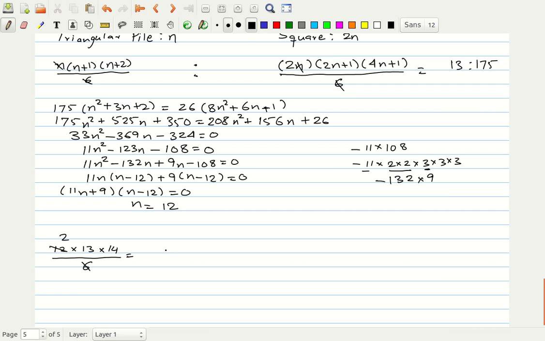So 13 times 8 is 104, carry over is 10. 13 times 2 is 26 plus 10 is 364.